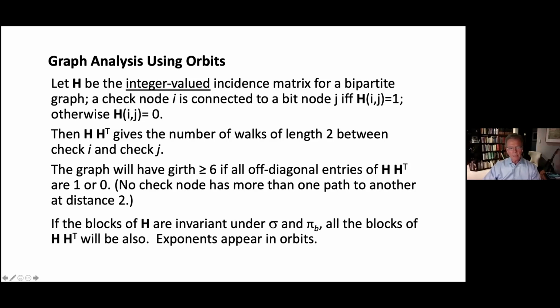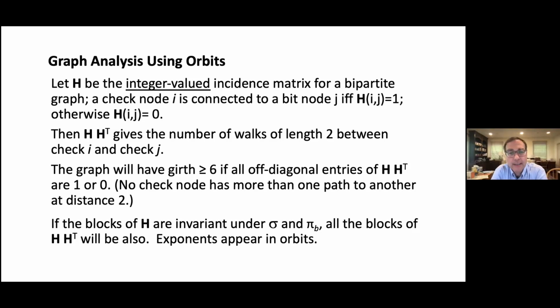When I choose an H that has invariance under these 2 automorphisms, and every one of the blocks has the automorphism, then all the product elements will have that automorphism. And you will know that the exponents will appear in orbits. I didn't really use the fact that it was a binary matrix back there. You can have an integer matrix and the same things go along.